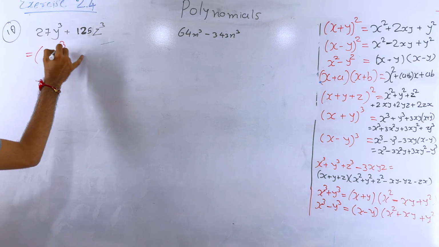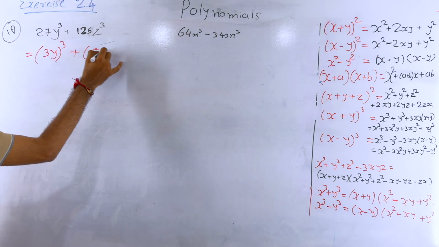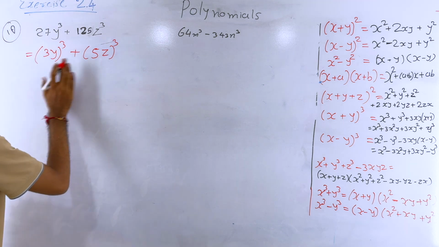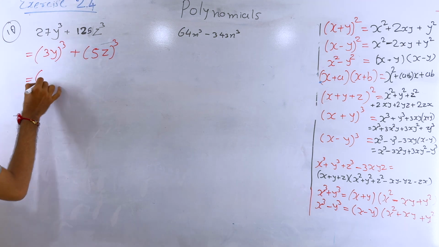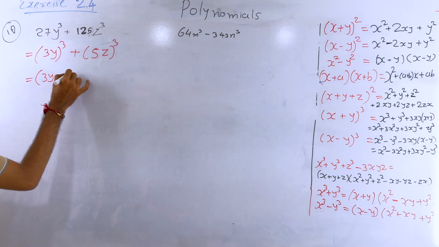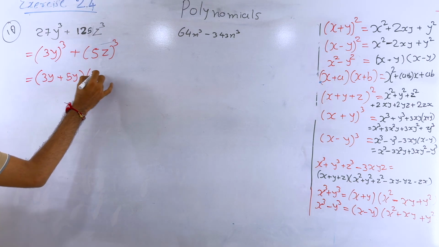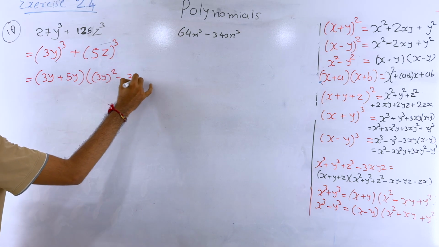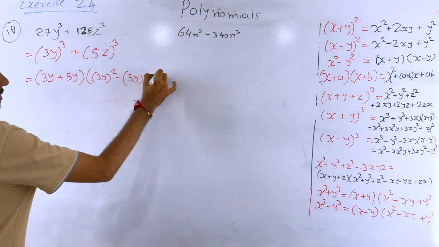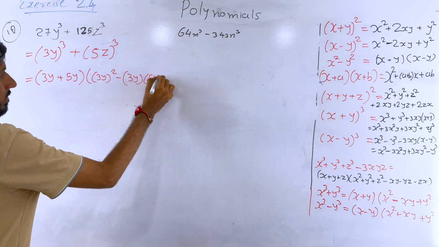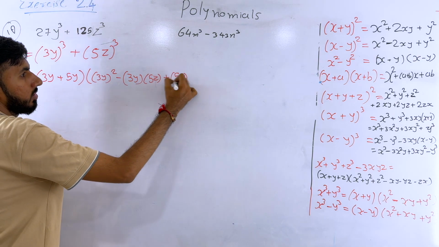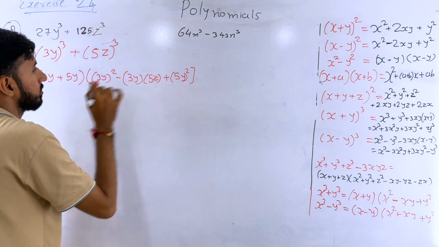I have to write (3y) cube here plus (5z) cube here. Now it is in the form of x cube plus y cube. So my answer will be x plus y, in the second bracket x square minus xy, sorry, here I have 5z plus y square, that is (5z) whole square. So this is my answer.